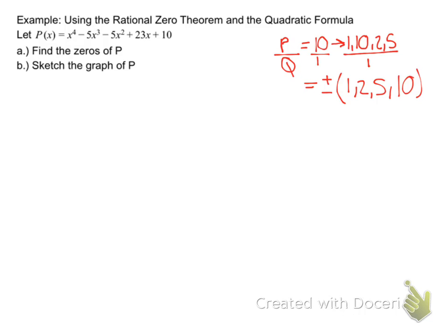So, using synthetic division, it's 5. Would you please explain what you're doing? Okay, so you look at the coefficients in the equation, which are 1, negative 5, negative 2, and 10.